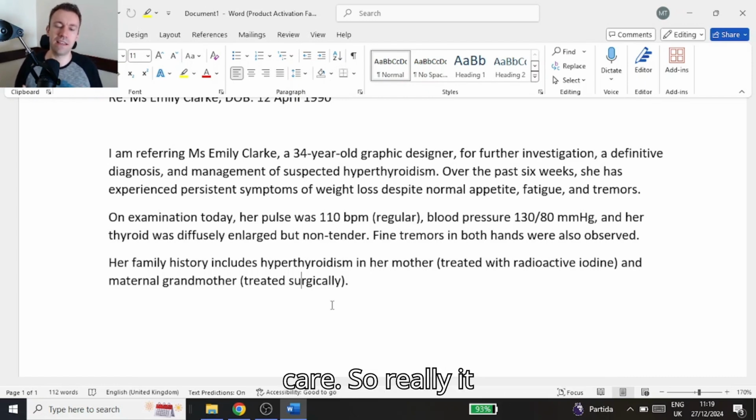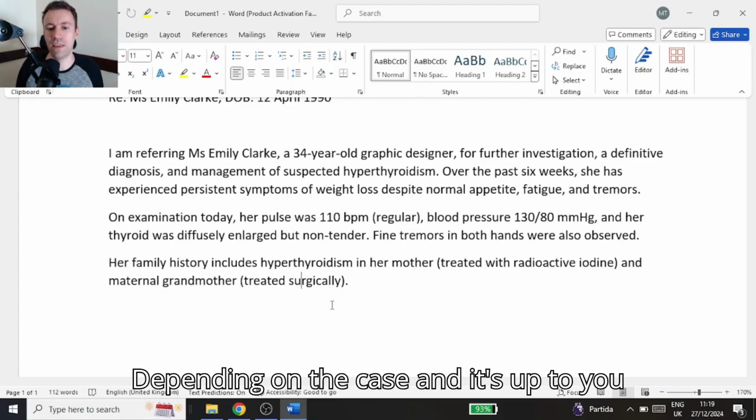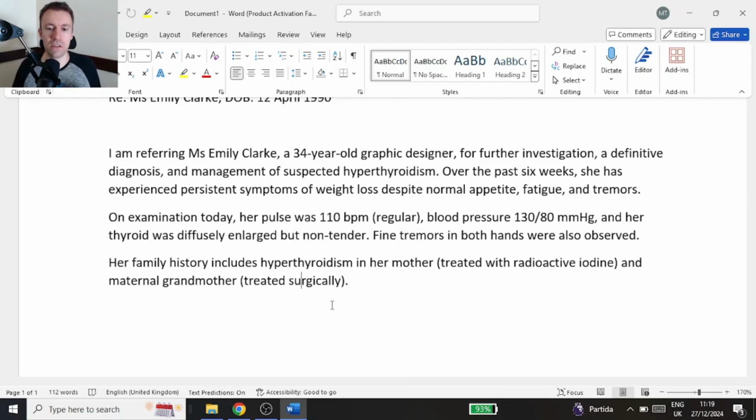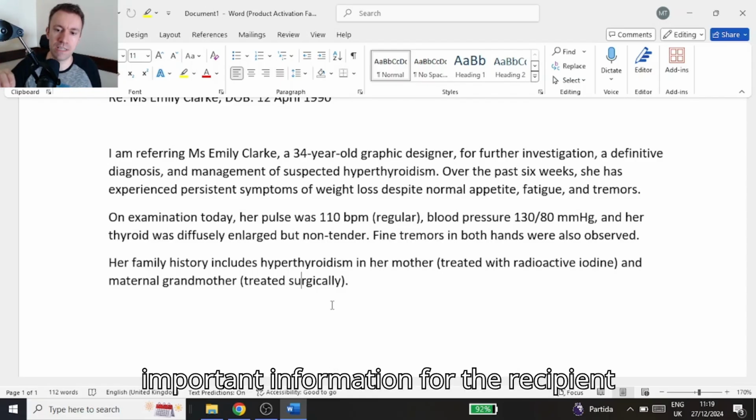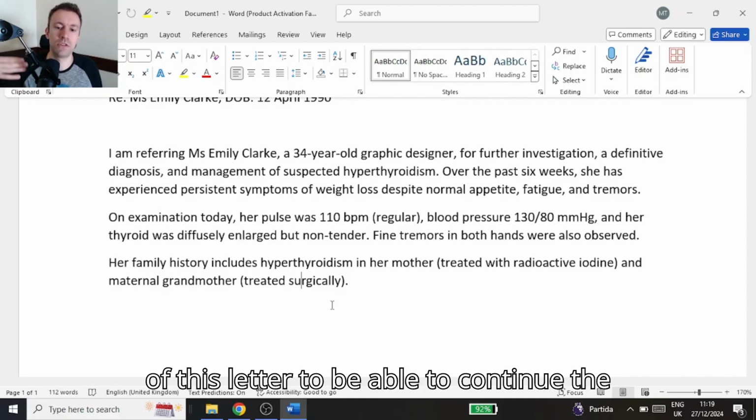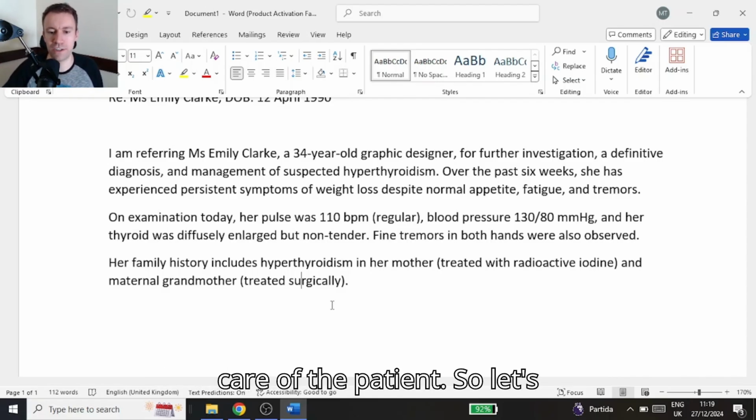So really, it is always changing depending on the case, and it's up to you to read it, understand it, contextualize it, and on this basis choose what is the most important information for the recipient of this letter to be able to continue the care of the patient.